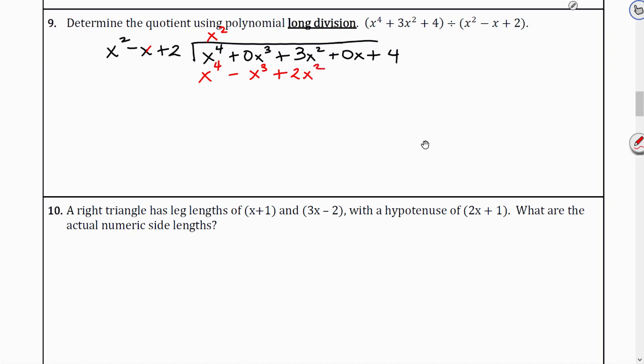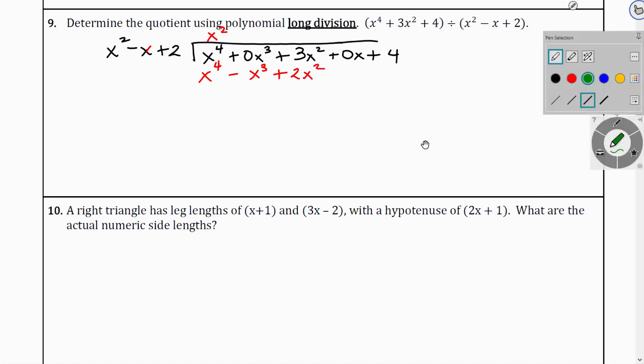Now I will change all the signs and add. That's how I teach it. I think each teacher teaches it a little differently. I think Ms. Stanoff just subtracts it, but I like to change all the signs and add. So the x to the 4th term cancels. The x cubed term is just x cubed. 3x squared minus 2x squared is plus x squared. And I will bring down this plus 0x.